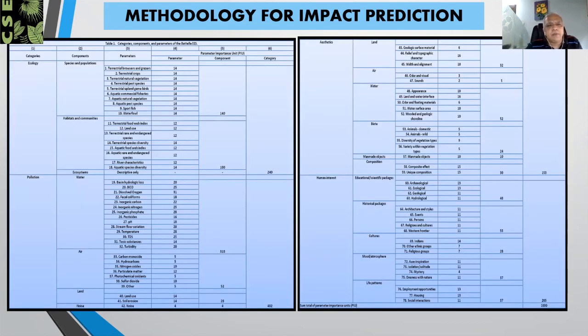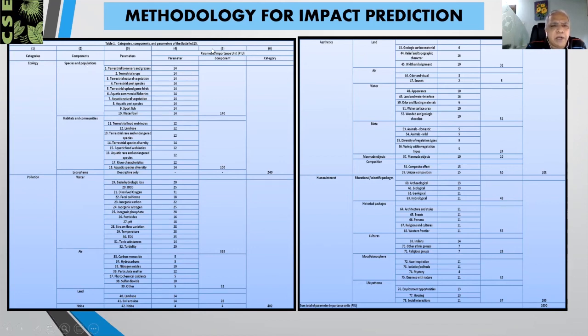This is how a total weightage matrix is evolved. We can see here the categories, that is ecology, which has sub-components, that is species and populations, habitats and communities, and ecosystems, in which again various parameters are identified to properly describe each of these components.